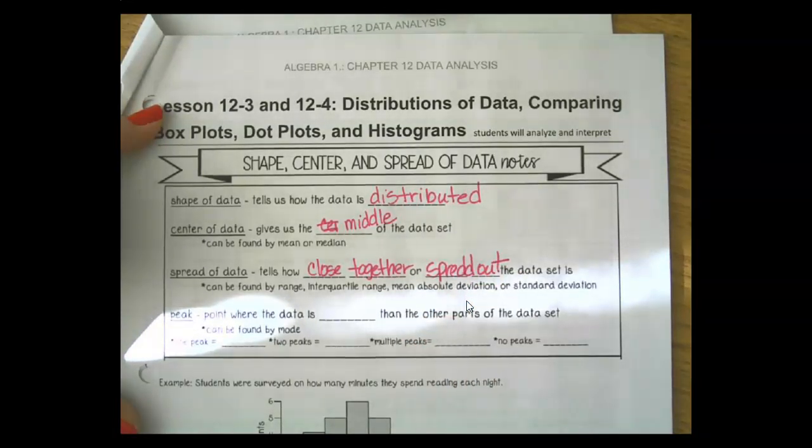This can be found by the range, the interquartile range, the mean absolute deviation, the variance, or the standard deviation.